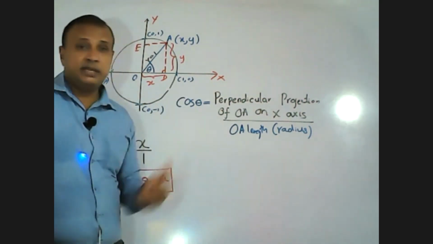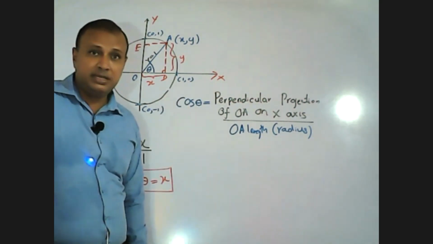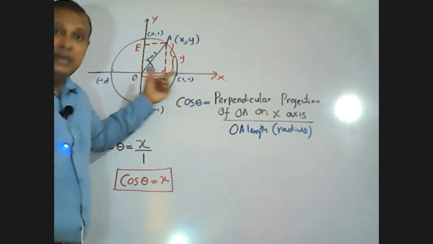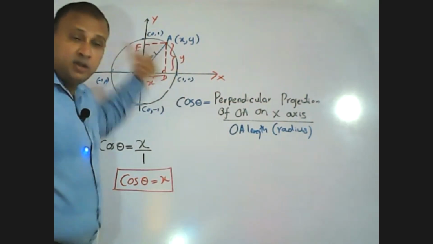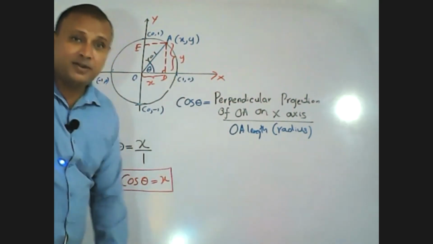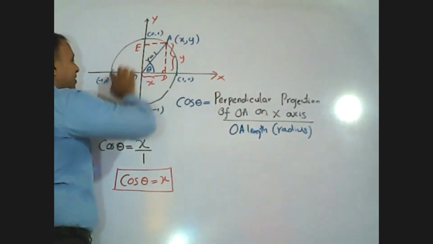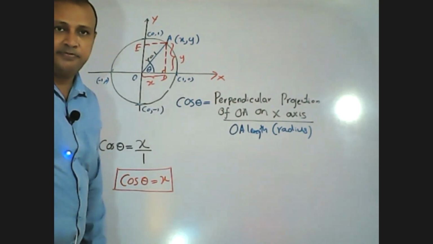Once I use a unit circle to define sine theta and cos theta, cos theta is equal to the x coordinate, and sine theta is equal to the y coordinate of any point on the circumference of the unit circle.